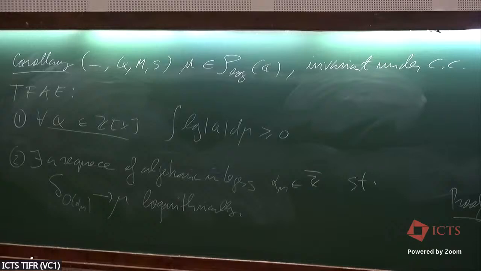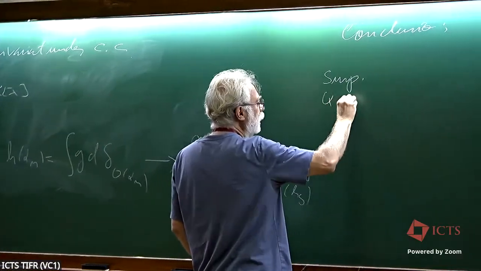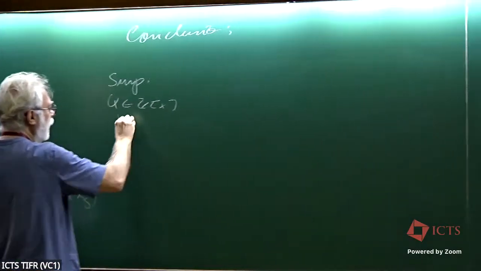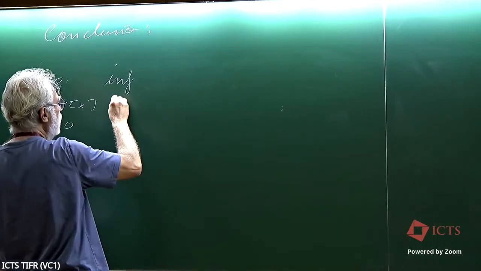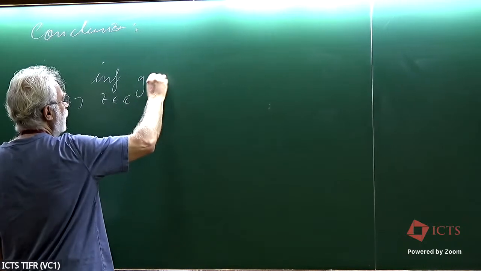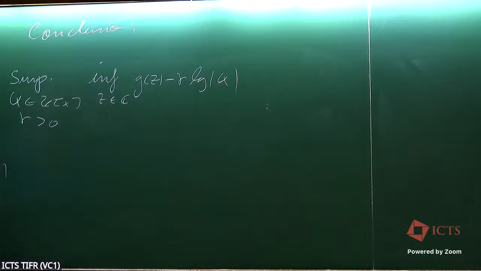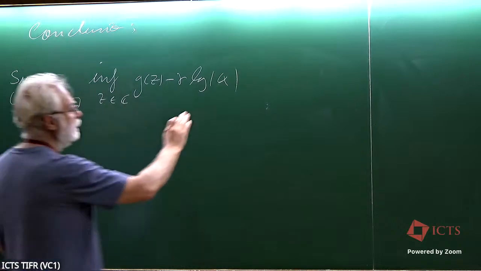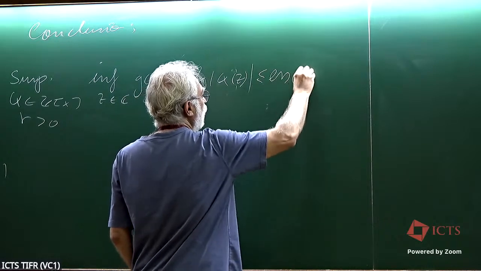So in conclusion, I can look at the supremum for all polynomials Q inside set of X and R bigger than 0 of the infimum over set inside C of G of set minus R log of absolute value of Q. This was the lower bound we discussed the previous day. This is smaller or equal than the essential minimum of AG.